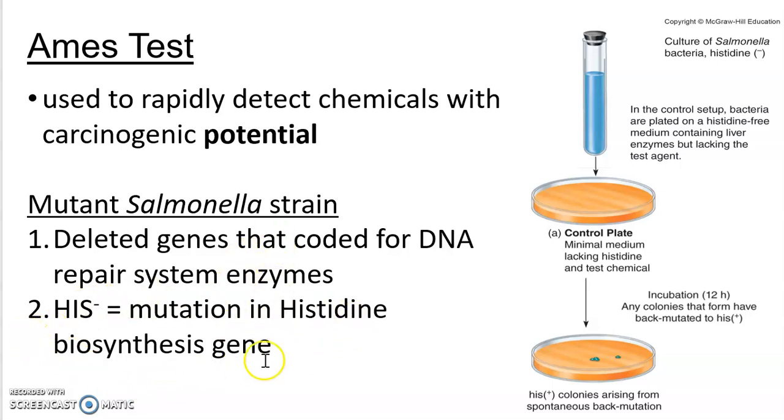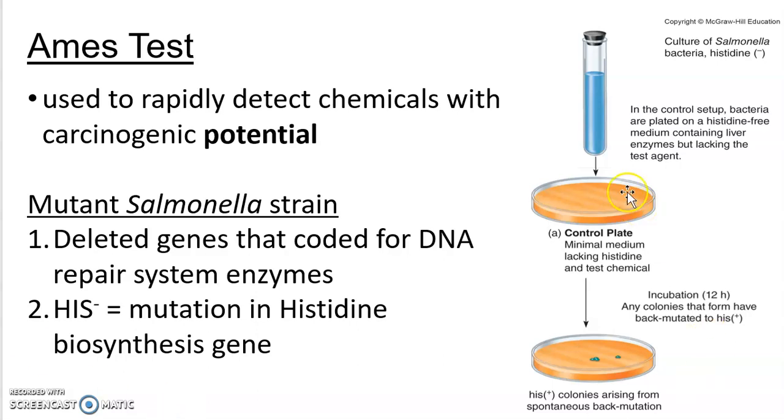One of them is that auxotroph mutation in our histidine biosynthesis gene, so that your cells cannot grow in the absence of histidine, but also he deleted these genes that we saw at the beginning of this that are responsible for DNA repair enzymes. Because if you have a mutagen that increases the number of mutations and then the cell fixes it, you're never going to be able to see that.